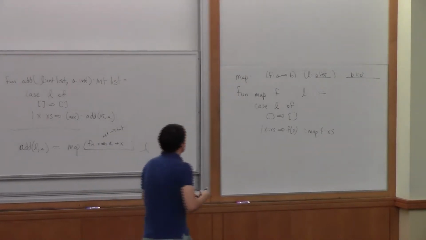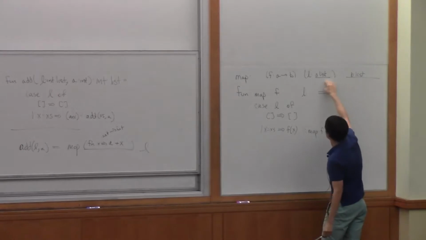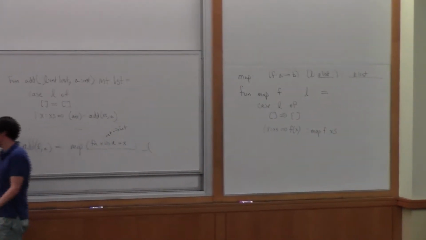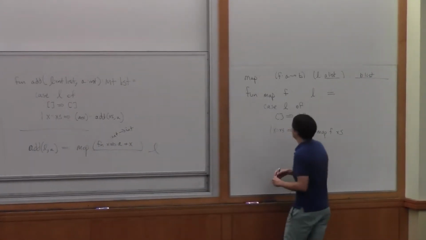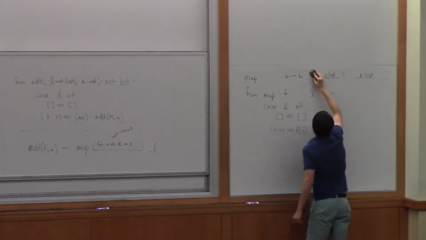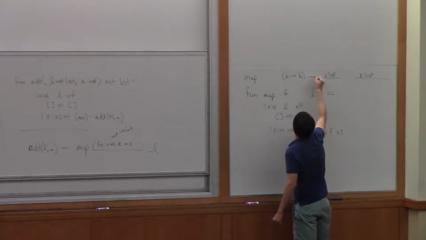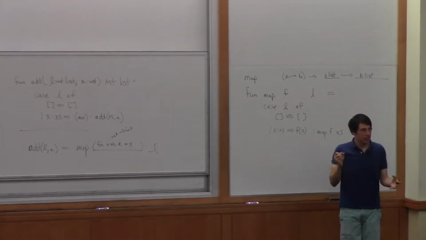And so what we want to do is capture that as something like this, which says the polymorphic type of map. So the idea of polymorphism is that this type, which we can write a little bit more formally as, if you give it an A arrow B and then an A list, it gives you back a B list.